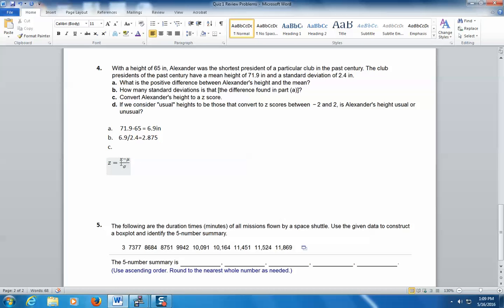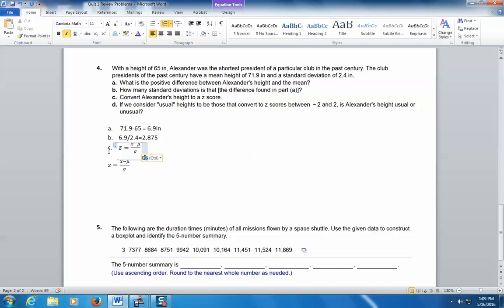So up here, if we were to take x minus mu, we would have the other way, 65 minus 71.9. So let me put that value for our z-score up here. So let me copy this and then actually put our values in here. X is Alexander, which is 65, minus the mean of all the presidents in the club, which is 71.9, divided by the standard deviation, which is 2.4.